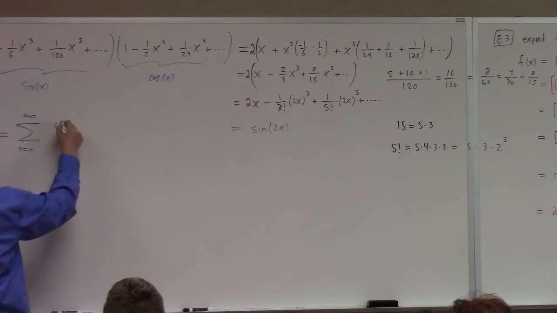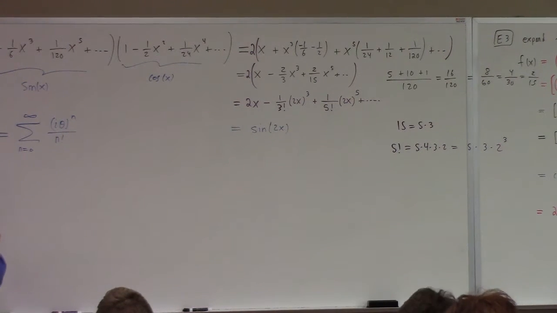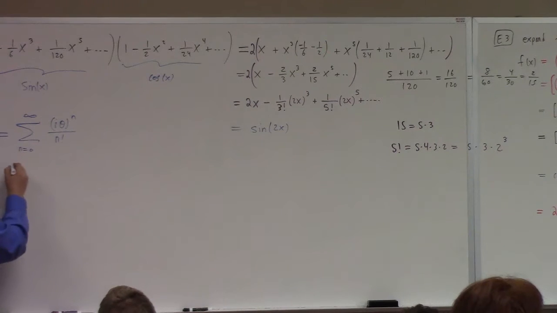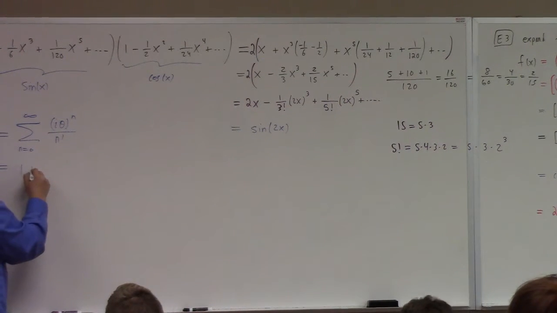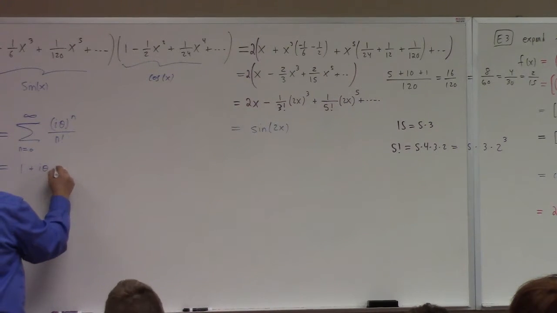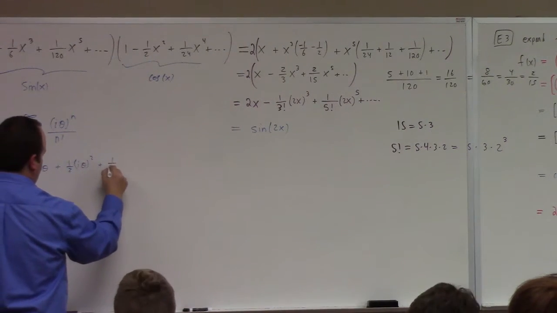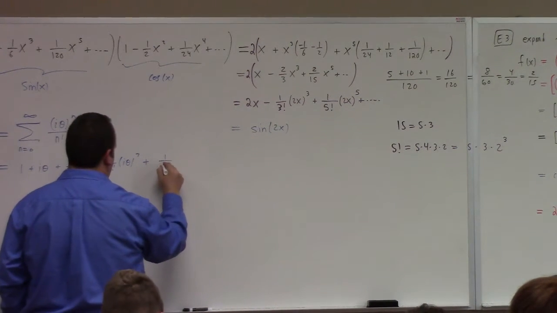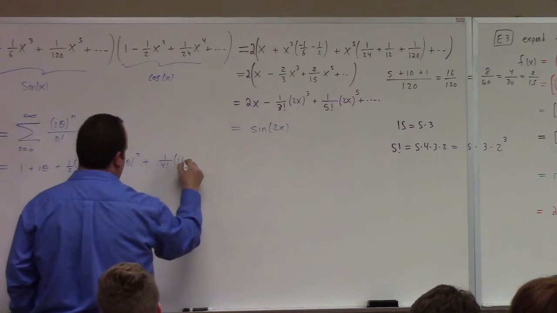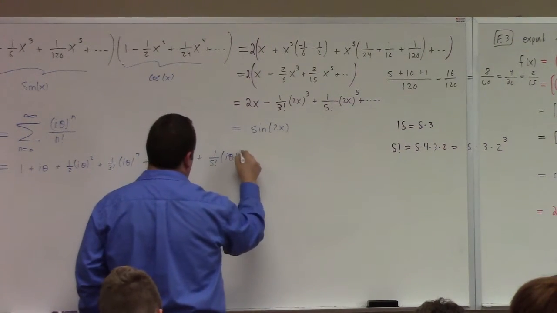So you have i theta to the n over n factorial, right? And so let me just write out the first few terms and try to show what's going on here. So we'd have 1 plus i theta plus 1/2 i theta quantity squared plus 1 over 3 factorial i theta cubed plus 1 over 4 factorial i theta to the fourth, 1 over 5 factorial i theta to the fifth.